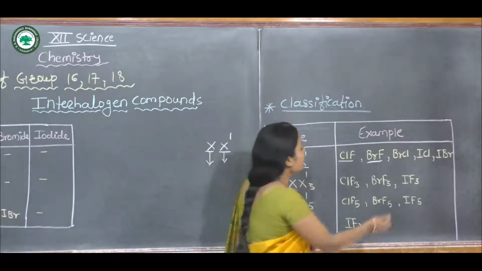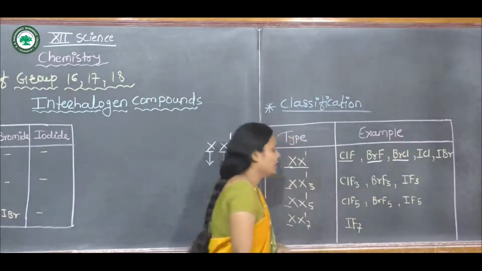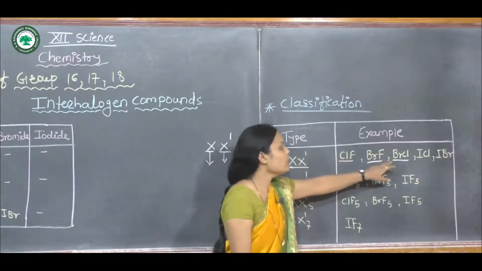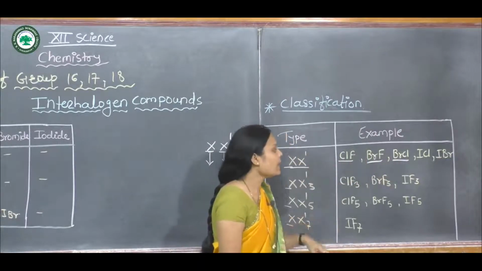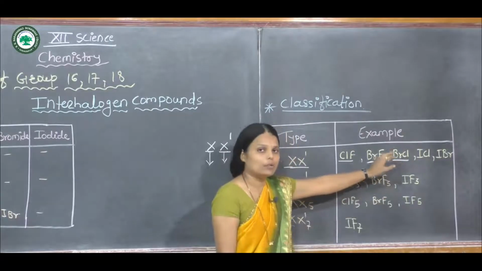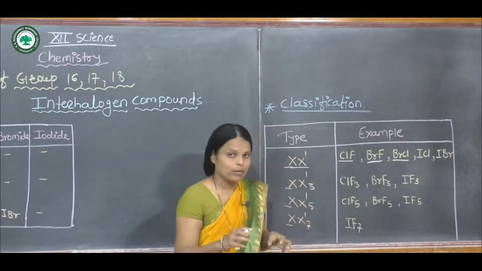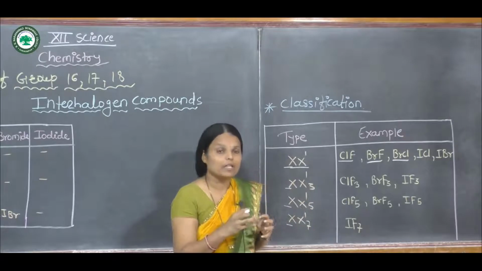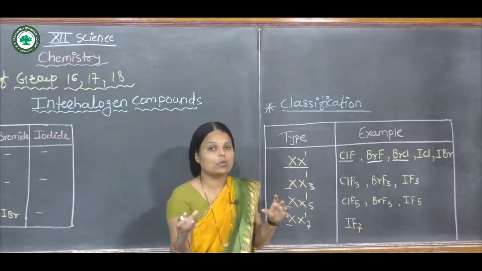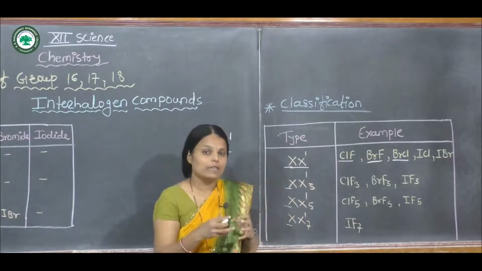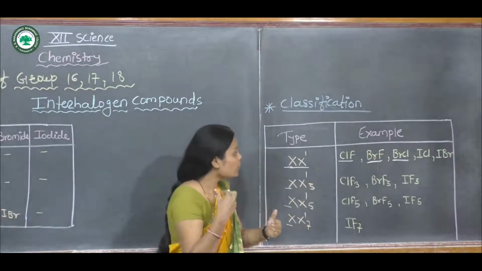Then the next example is bromine chloride, where bromine is a more electropositive atom, larger in size, and it reacts with a chlorine atom, and chlorine is a more electronegative atom, and that's why they combine with each other. Because of one electropositive atom and one electronegative atom, they react with each other and form a new compound.